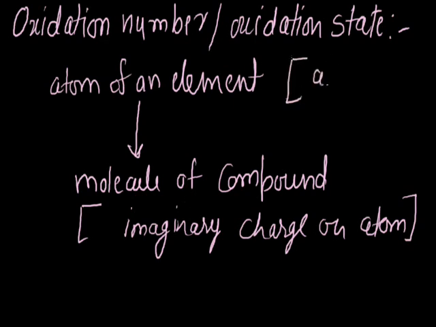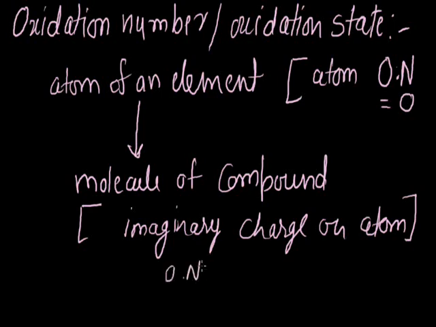Before conversion, a pure atom of an element has zero oxidation number, or we can say that oxidation number is equal to 0. So we can say that an atom present in an element has oxidation number equal to 0, but when an atom is present in a molecule of a compound, it doesn't have oxidation number equal to 0.